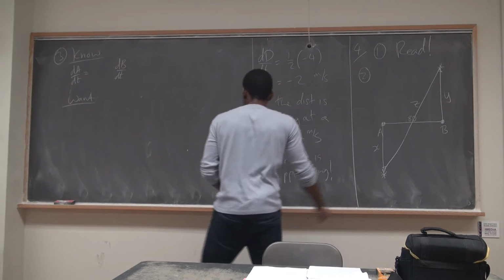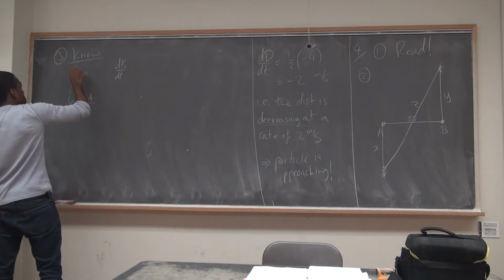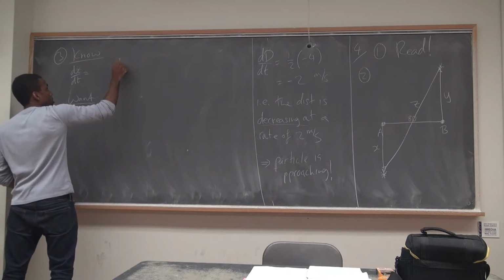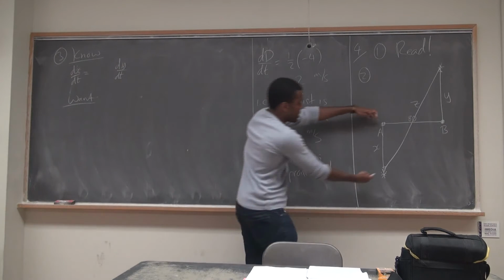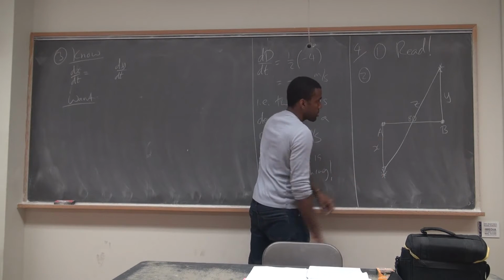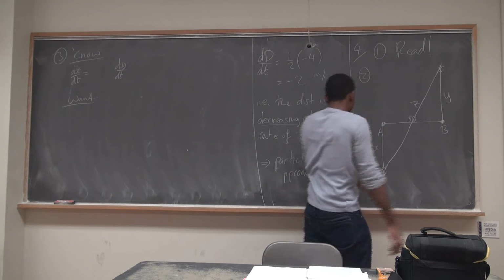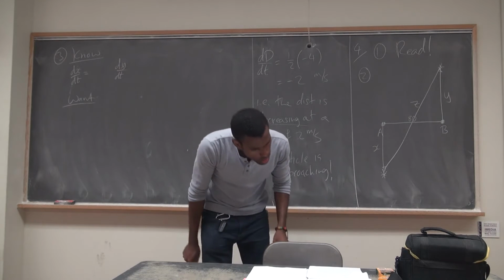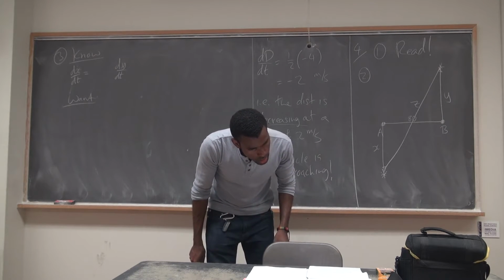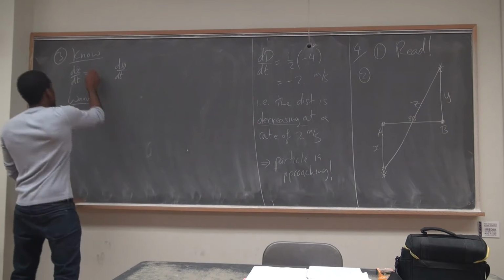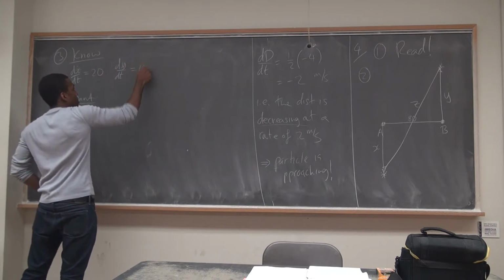I call the distance X and Y. So the distance that A has traveled is X, and the distance B has traveled is Y. So dx dt is 20 and dy dt is 10. They're both increasing, so these rates are positive.